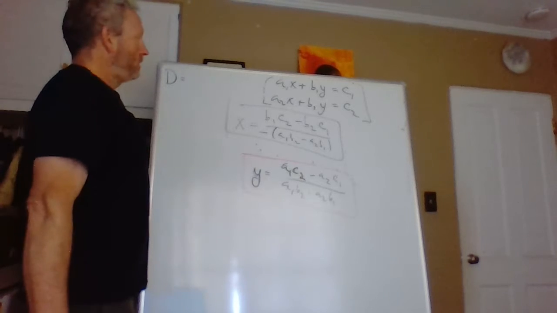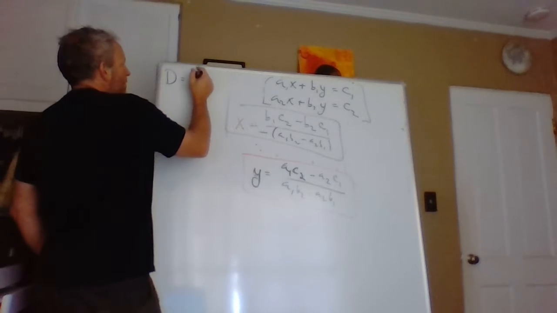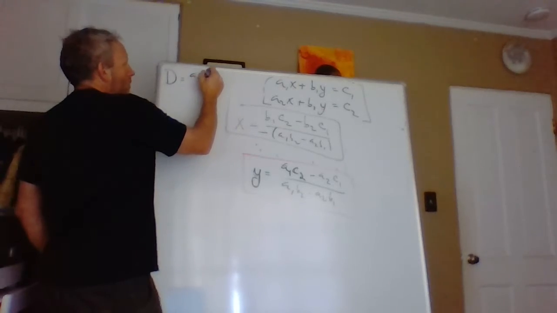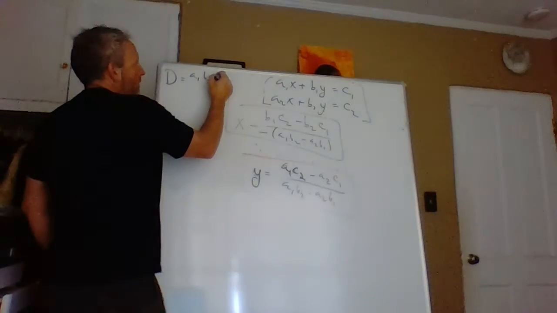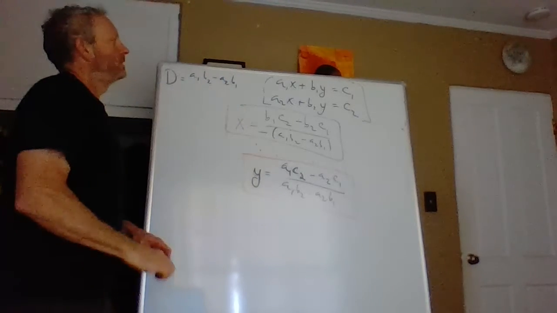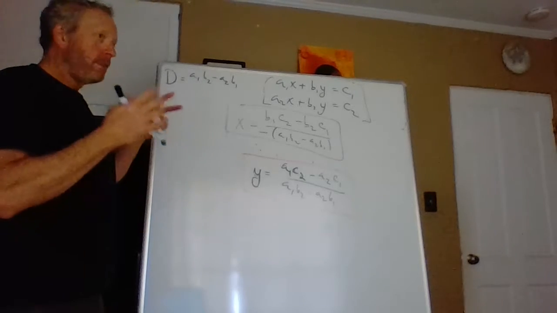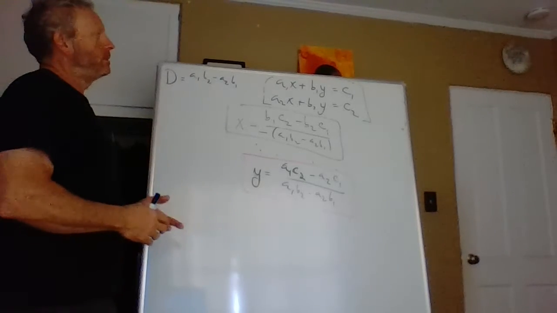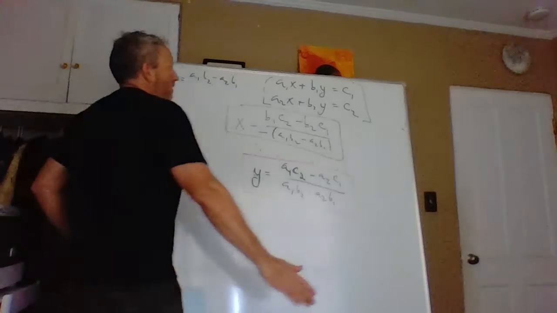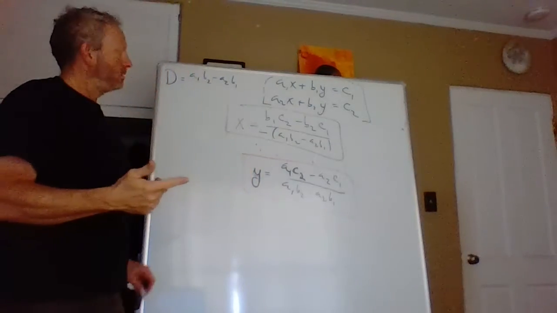What's the determinant of the original system? The idea is that it is a sub 1, b sub 2, minus a sub 2, b sub 1. It's the determinant of the coefficients of the variables. So just forget about the rest, and it's really those coefficients.